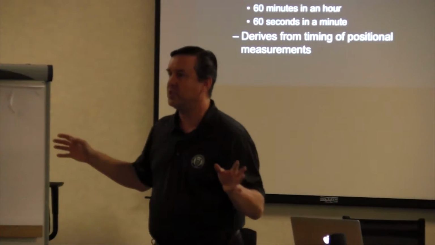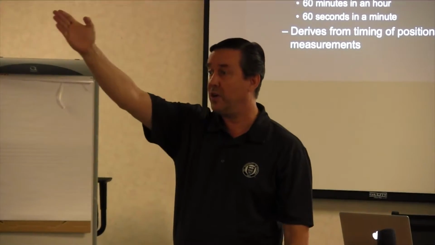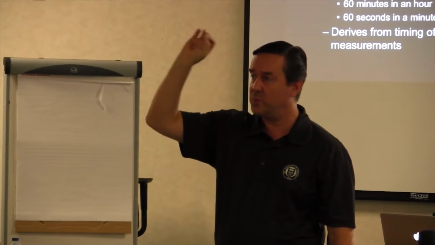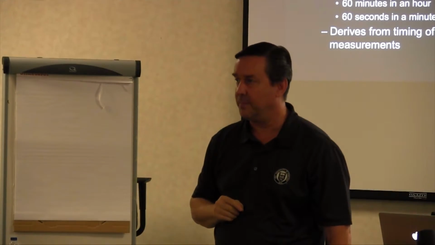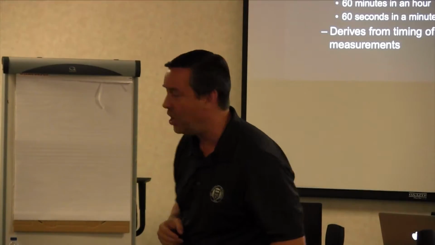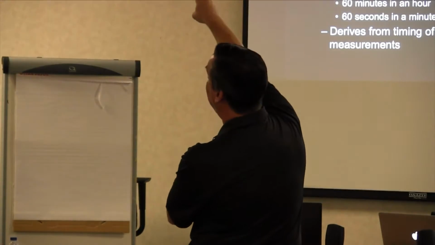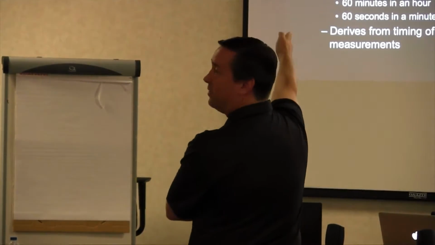When we were doing positional astronomy, as you noted, finding that Sirius was moving across the sky, you had to measure those positions really precisely. So what they would do, especially before the invention of the telescope, is they would time when that point crosses the north-south line.